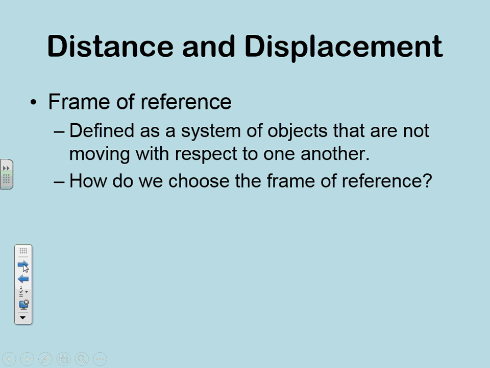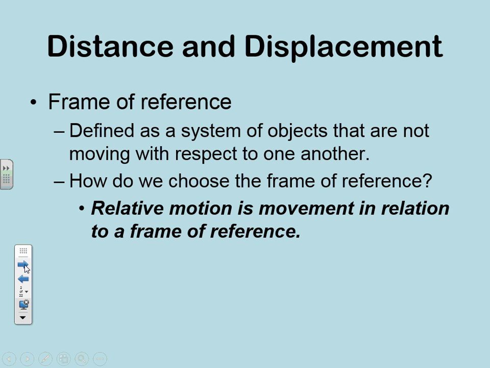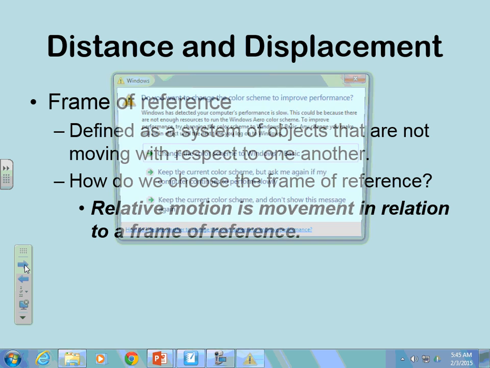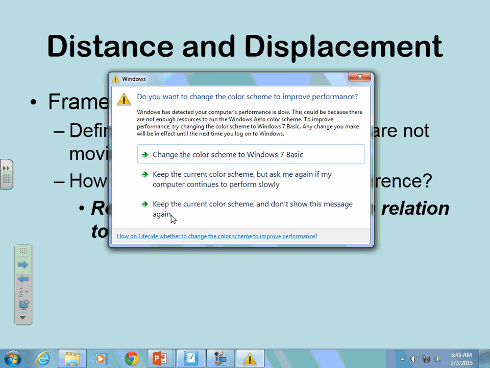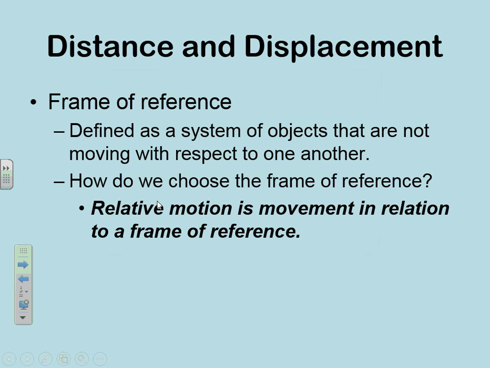Anytime we're talking about distance and displacement, it really depends on your frame of reference. Everything's going to look like it traveled differently according to where you're standing. Think about a basketball official. He gets a lot of grief because the fans see everything from different viewpoints than what the official does.